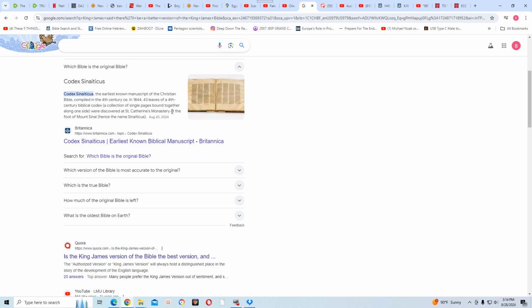Even during the time in the Dark Ages, they had scrolls. Along one side were discovered at St. Catherine's Monastery at the foot of Mount Sinai, hence the name Sinaiticus, August 2004. So this was found out a couple of days ago.